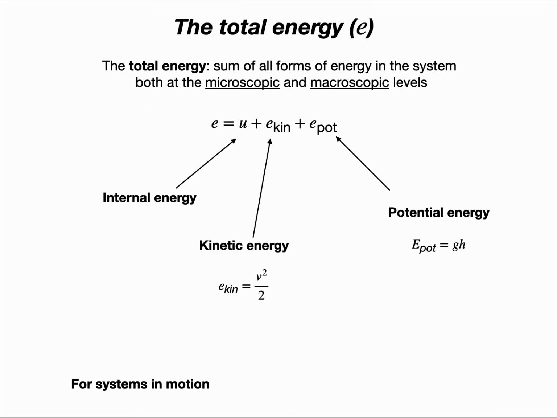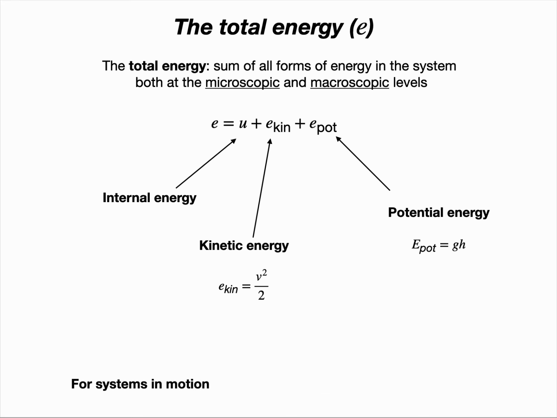So just to refresh your memory, the total energy is the sum of all the energy in the system, both at the microscopic and macroscopic levels. So this means that the energy E, the total energy, is the sum of the internal energy plus macroscopic contribution of kinetic energy and potential energy, which may be gravitational potential or elastic strain energy, which is stored.